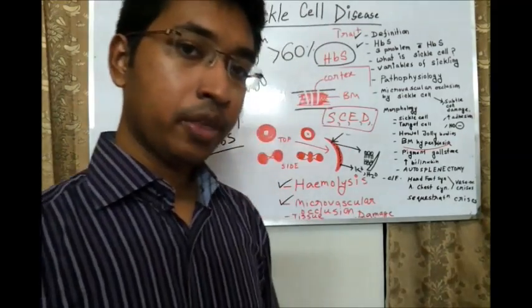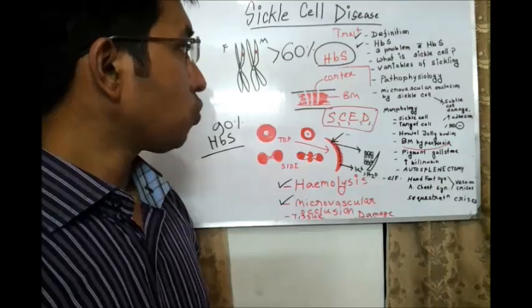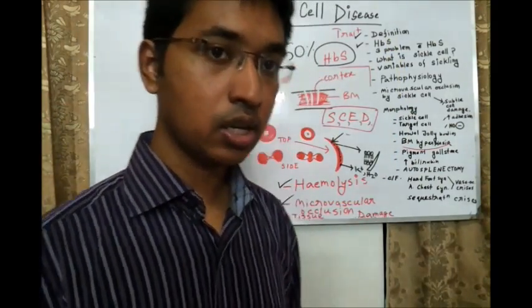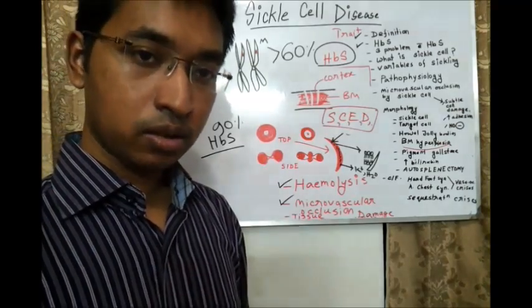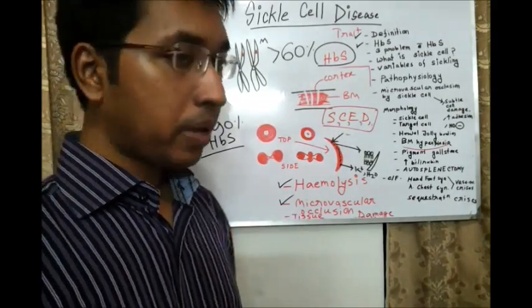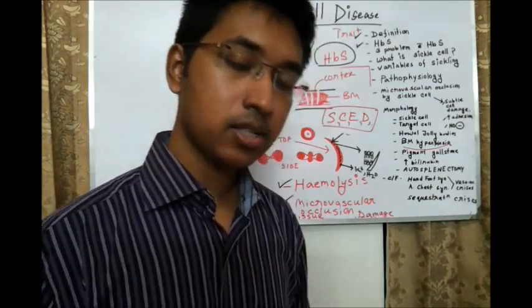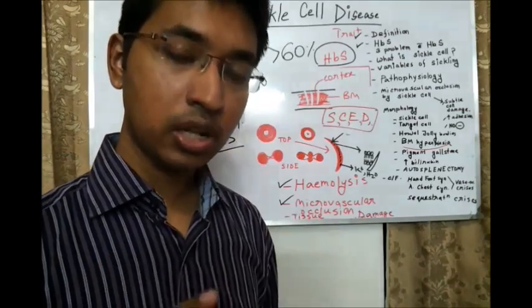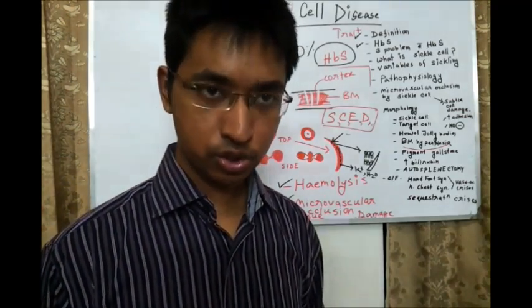Okay, so before I conclude the discussion, I would like to mention one thing, that there are some factors that influence sickling of a sickle cell. Suppose a patient has an abnormality, the patient has hemoglobin S. But whether the patient will have sickle cells formed or not depends on a lot of other factors.